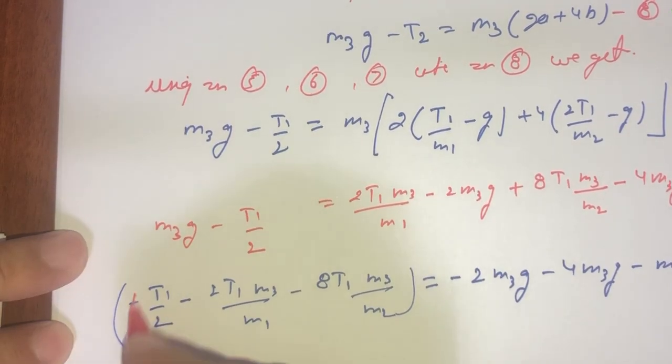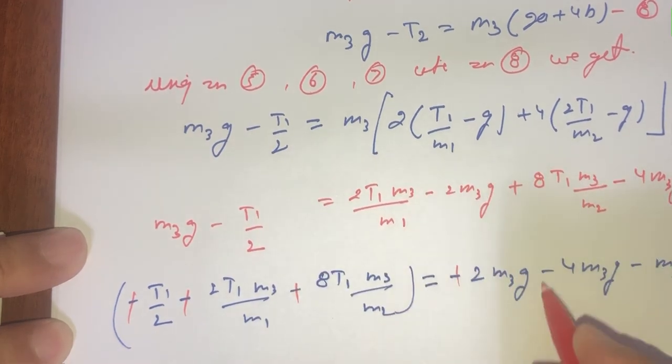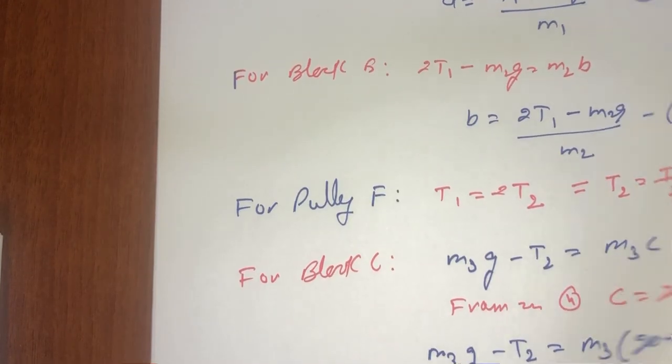So if you cancel minus along the both sides, this will be the equation. And now it is a quite simple equation. We take T1 as common and we get this as 1 by 2.